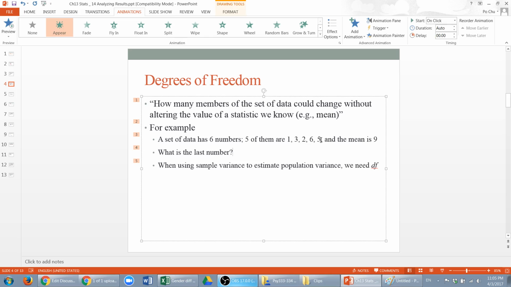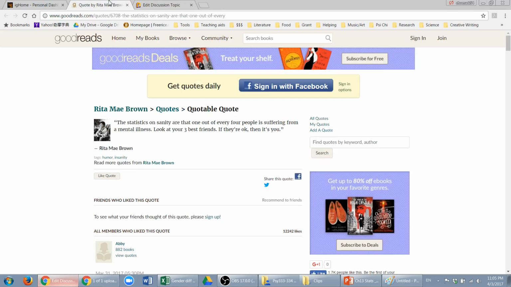All right. Now, this probably is a little bit difficult or confusing to some people. Let me show you a little bit funny quote that plays around with degrees of freedom. I don't know if it is true, but look at this.